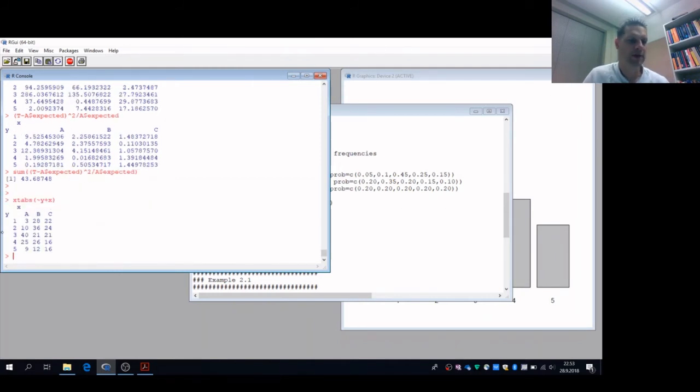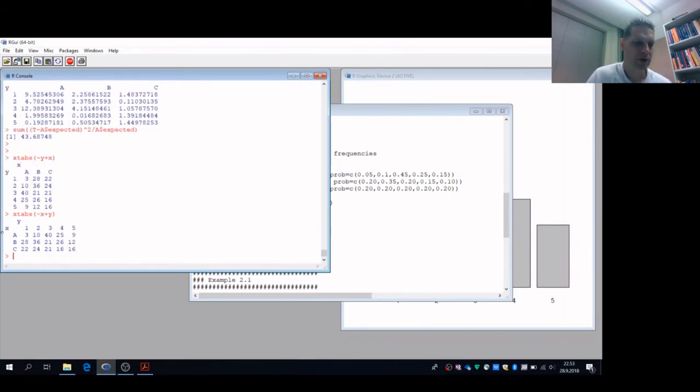So this gives us a similar kind of table. And if you put it the other way around, it just changes the rows and columns. You could make the same table in this way too.